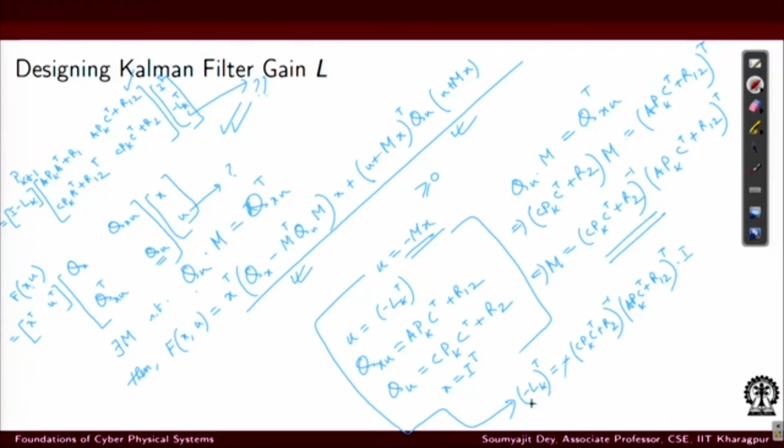So, this is what you have, right. Now, if you write L_k, you have to take a transpose on both sides. That would simply mean this thing double transpose, and it comes to the front. So, A P_k C transpose plus R_12, and on this thing you have to again carry out a transpose.